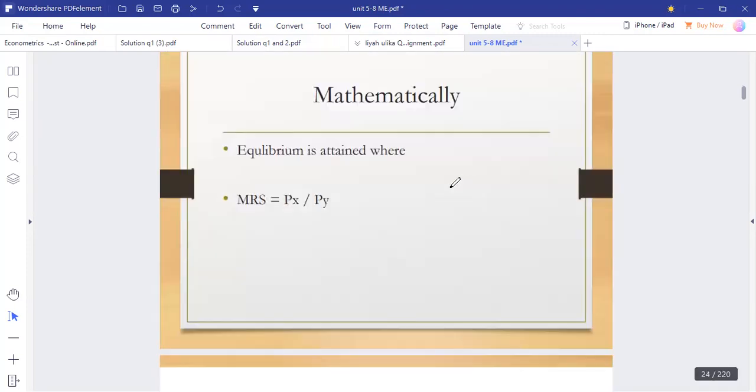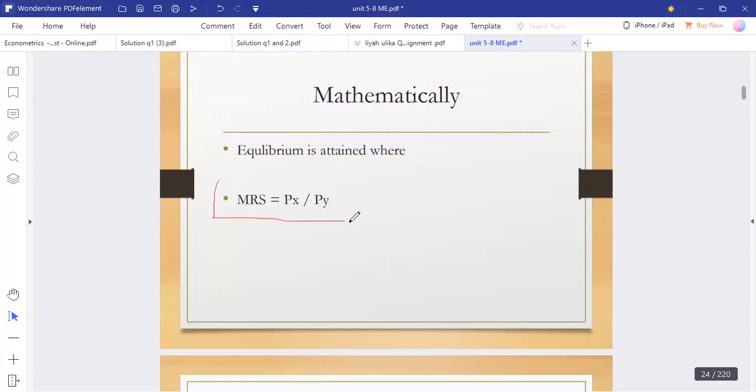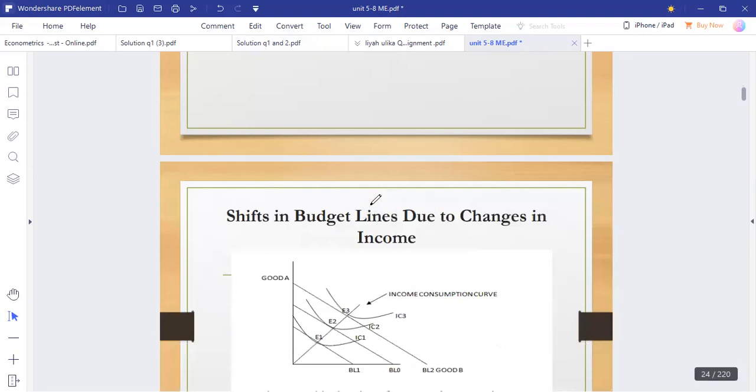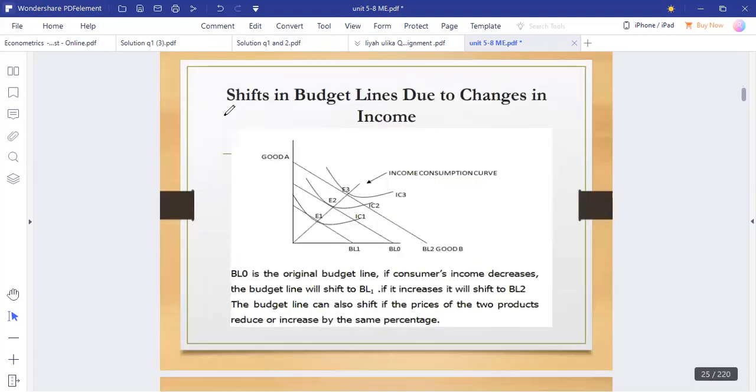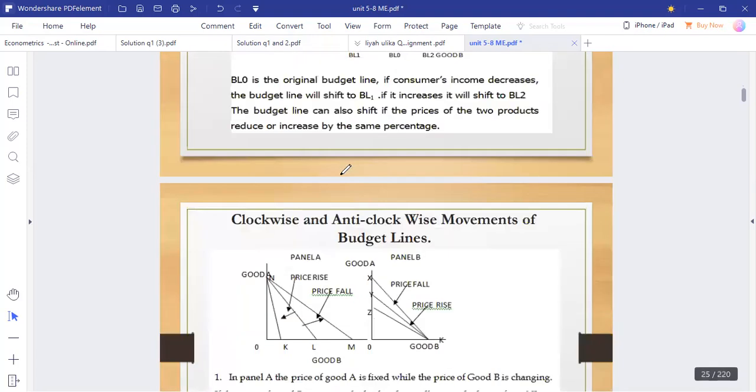So the marginal rate of substitution, like I said, x for y, is the same as the slope. So you need to be careful, x for y. So this is how the illustrations are done.